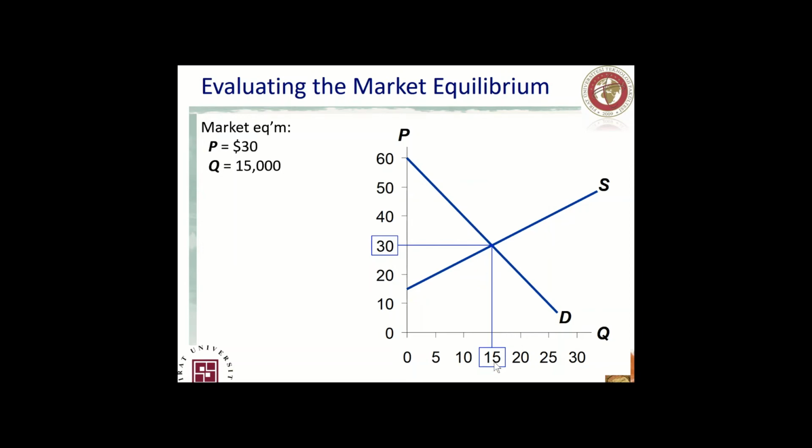Before assuming anything, this is the consumer surplus, the area below the demand curve and above the price, and this is the producer surplus, below the price and above the supply curve, and this is the total surplus from participating in the market. That's CS plus PS, total as an area. Now this is at the equilibrium. Whether it is efficient or not, we will see soon enough.